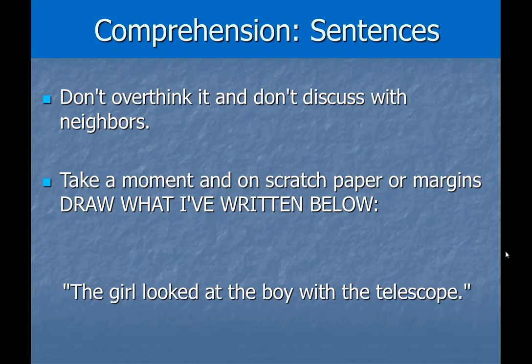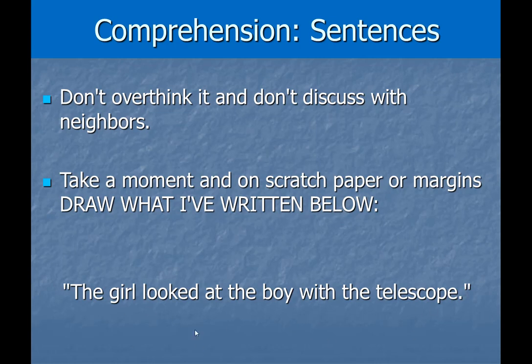What I often find is about half the class draws a girl who has a telescope in her hand, or who's looking through a telescope. The other half of the class often draws a boy who has a telescope. In other words, a girl without a telescope who's looking at a boy who has a telescope.